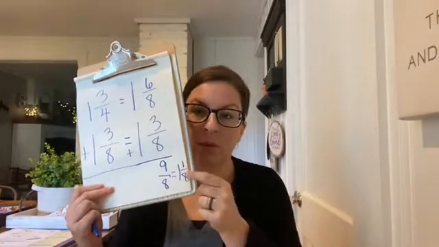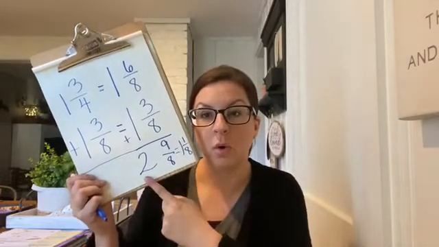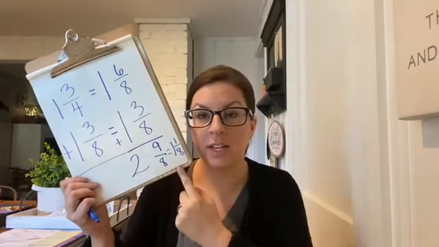Okay, let's turn that into a proper number, a mixed number. So 9 divided by 8 is 1 and 1 left over. So we have 1 and 1/8. Now we add the whole numbers together, which makes 2. So now we need to put the whole number and the fraction answer together.